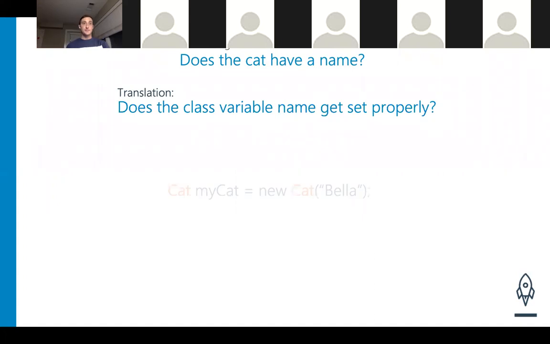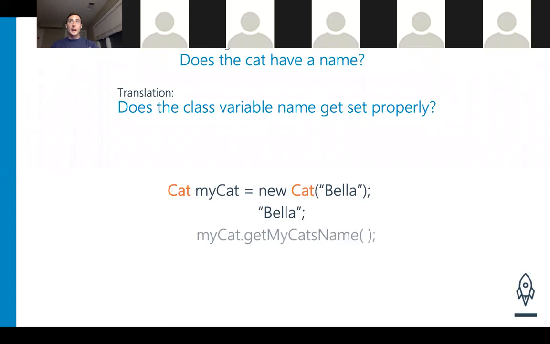So let's start doing this. Hypothetically, we're going to build our cat class here. Cat myCat equals new Cat, Bella. Bella will be our cat's name. So Bella is the actual name of the cat that we're setting in the constructor. Therefore, when I get my cat's name back, it should return Bella. So I just said two things here.